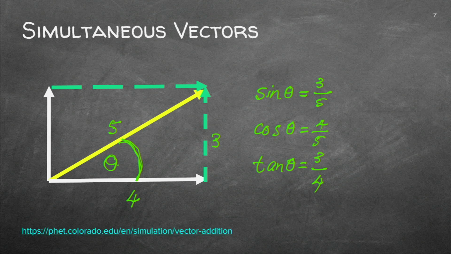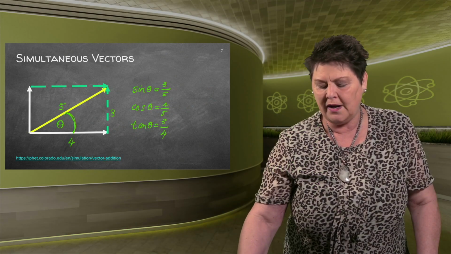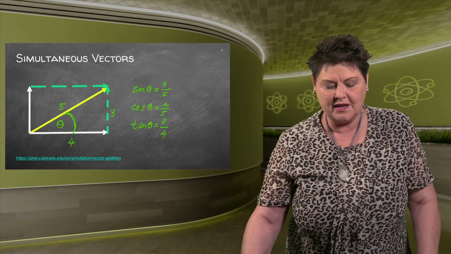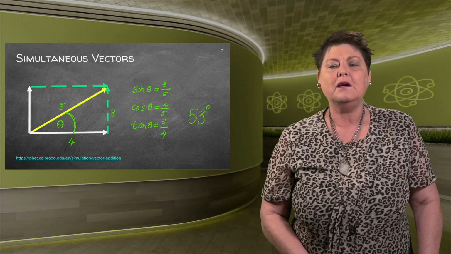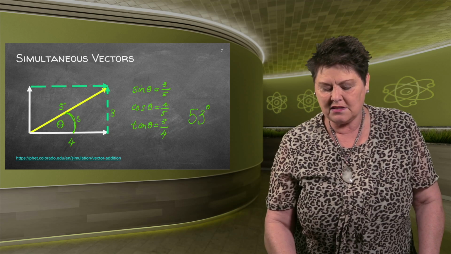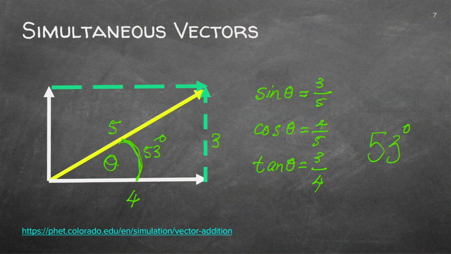In all three of these cases, you will calculate an answer, and you can practice this. Go and do this by yourself. Do one and then the other and then the other, and see if you can get the same answer as I did. I got that angle as 53 degrees. Now, how do I present my answer?